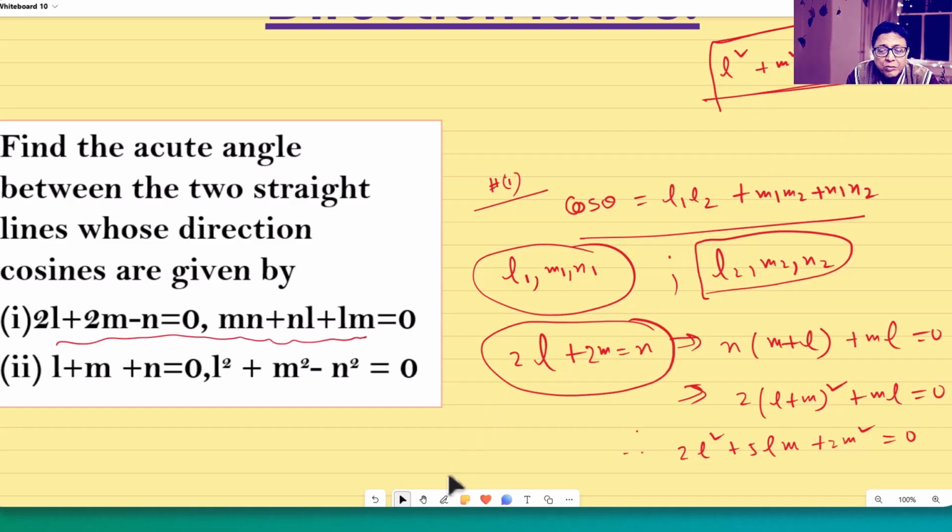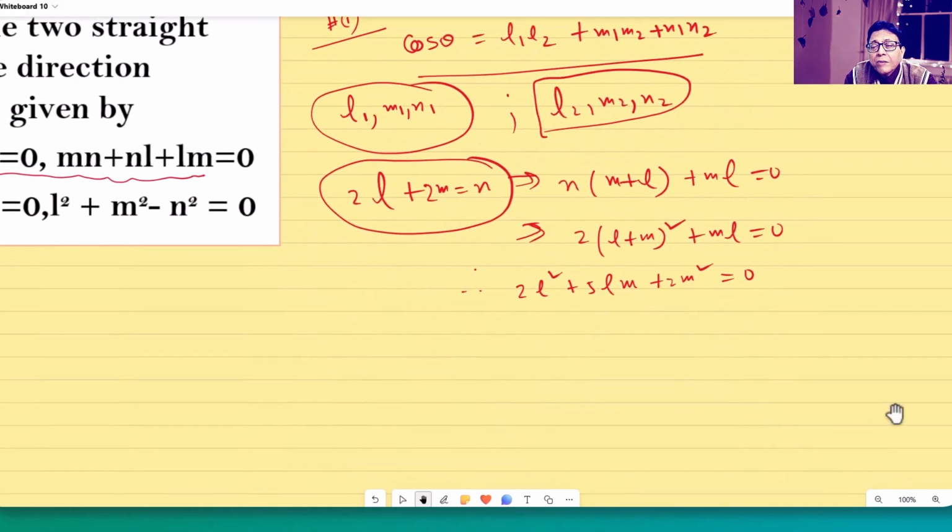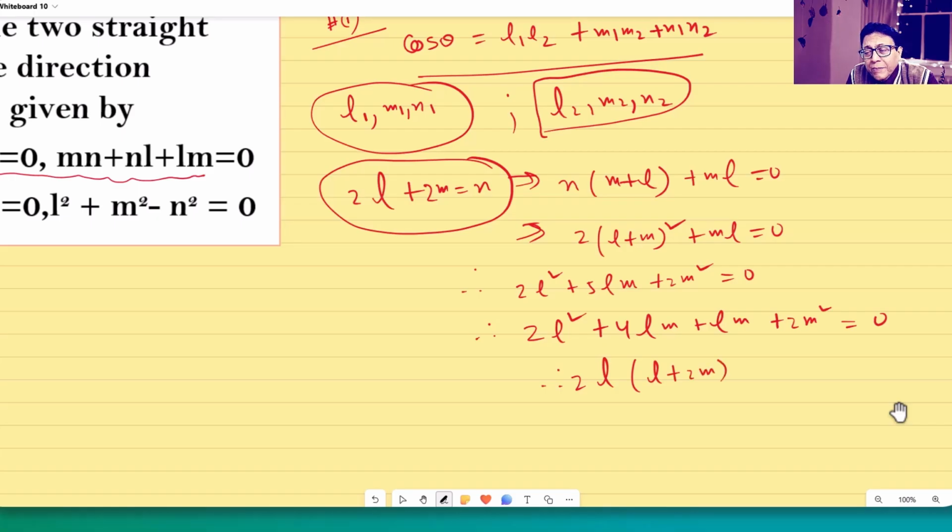What you have to do there is find L and M. So go by the middle term method: 4LM plus LM, plus 2M square equals 0. Take 2L common, L plus 2M, M common, 2L plus M. So you got two relations here, and these are two different relations.